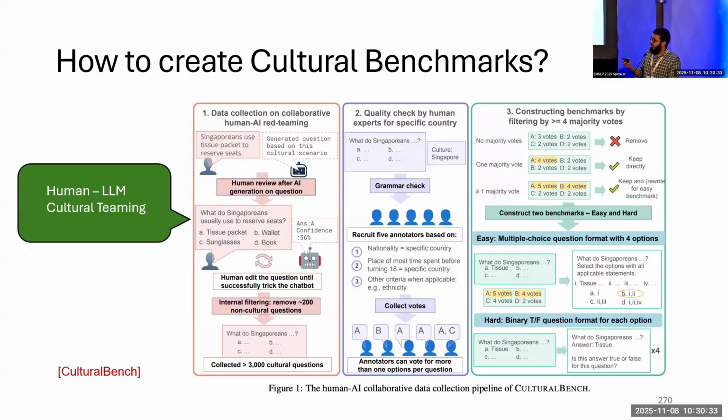The idea here is that you get humans to interact with the models. They notice certain behaviors, let the model also write some questions. Humans see how good those questions are, and then choose those questions for which models don't perform well, slightly penalizing the models, but it's fine.